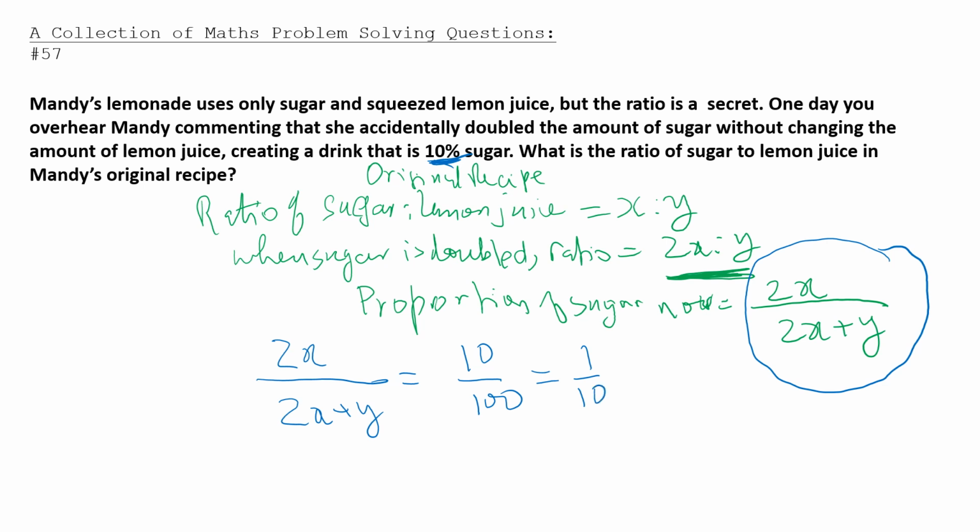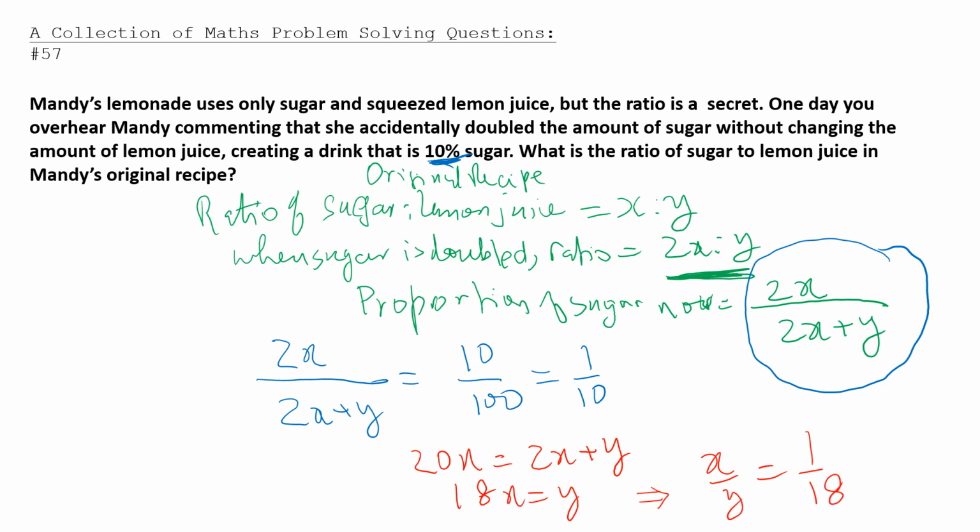So from here we can say that 2x multiplied by 10 is 20x equals 2x plus y, or 18x equals y, and that implies x out of y equals 1 out of 18, and that is the ratio of sugar to lemon juice in the original recipe. So that's 1 out of 18.